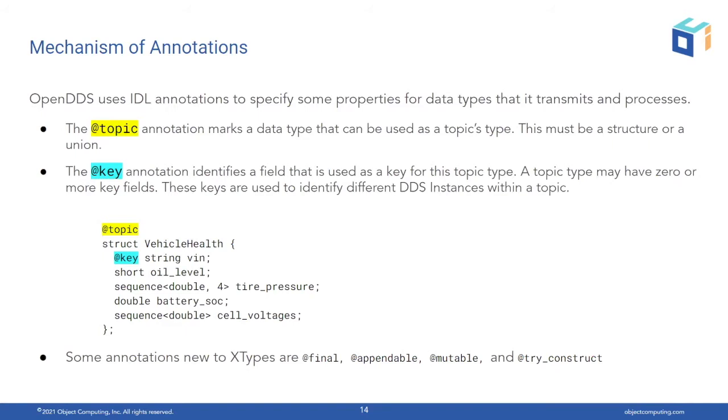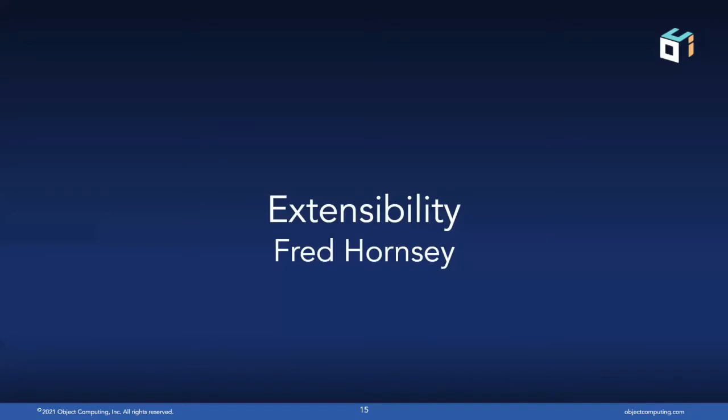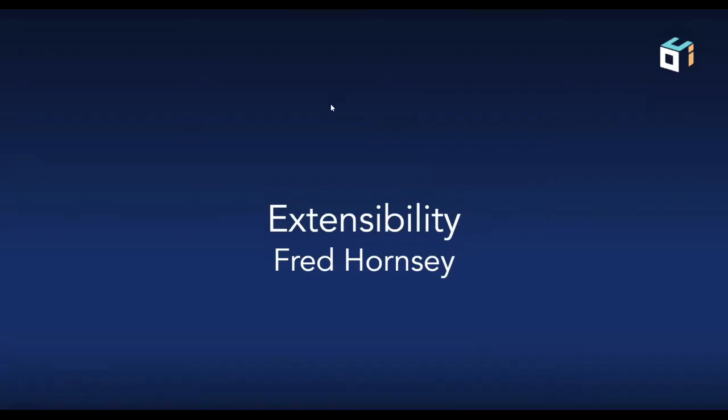With XTypes, some new annotations are introduced: final, appendable, mutable, and try-construct. And with that, I'm handing the presentation over to Fred Hornsey, who will describe how some of these annotations are used to describe extensibility.